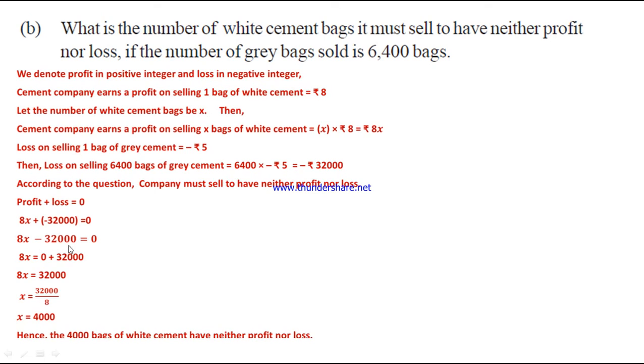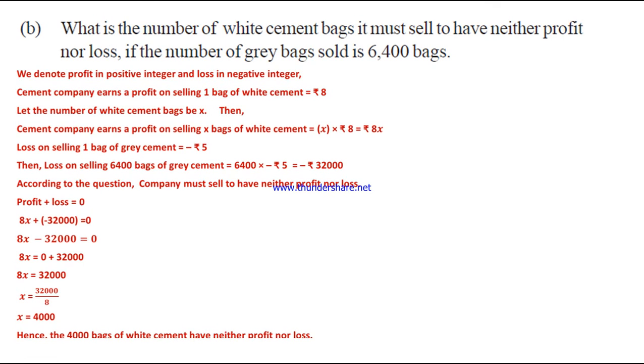If we send this minus 32,000 to the right hand side, it goes with its sign. What remains on the left hand side? 8x equals, the right hand side already 0, we are not disturbing it. This minus 32,000 becomes plus 32,000. This is the transposition method.